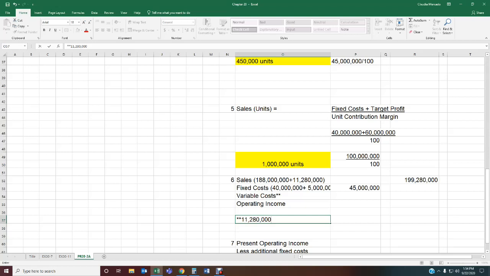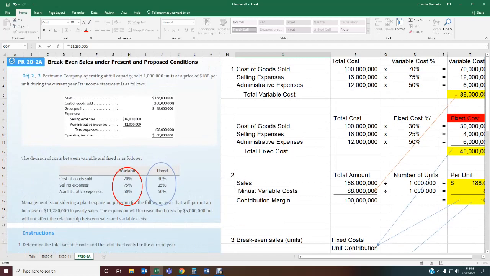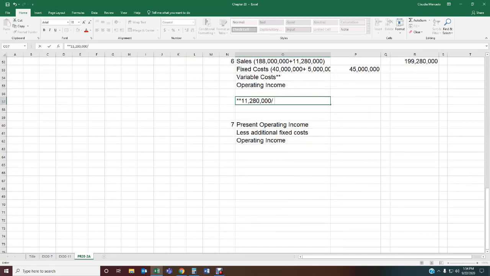And I'm going to divide it by my unit price of 188. So each unit is valued at 188.